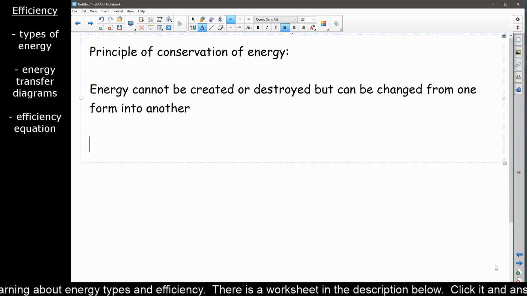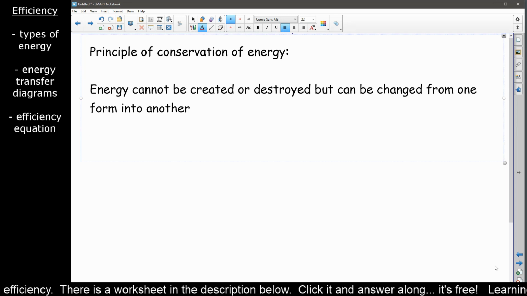Okay, that's pretty important. Energy can't be created or destroyed, but it can be changed from one form into another. The total amount of energy in the universe right now is exactly the same as it was the instant the universe came into being.